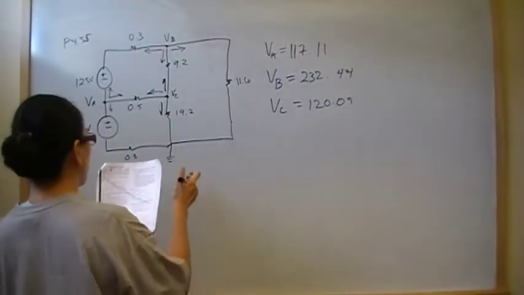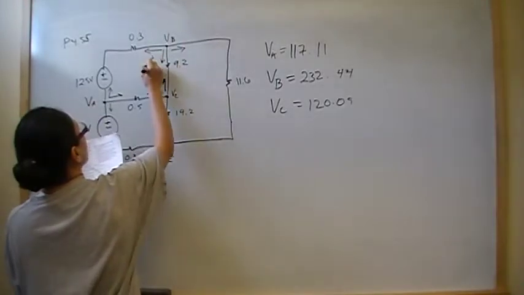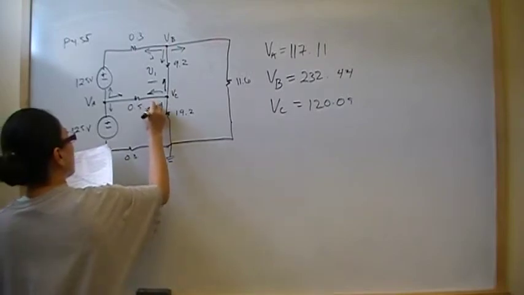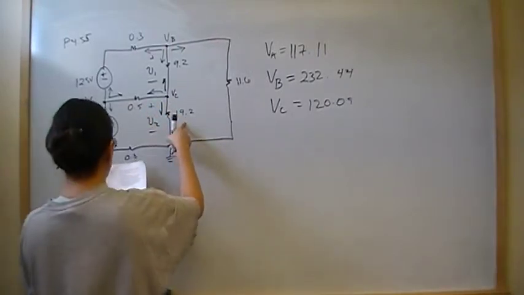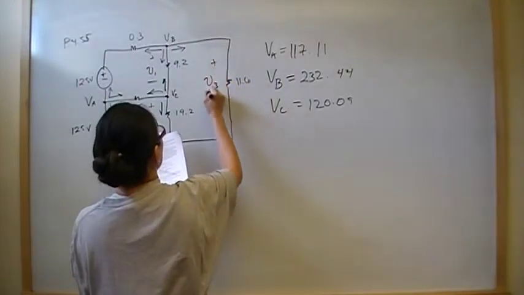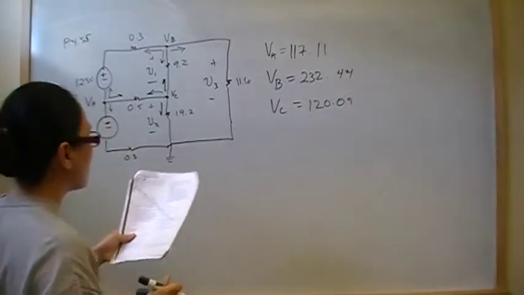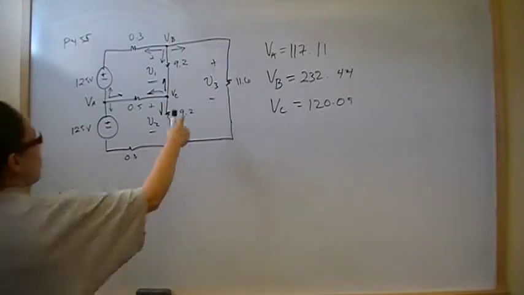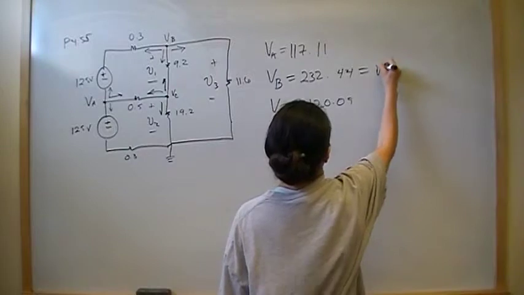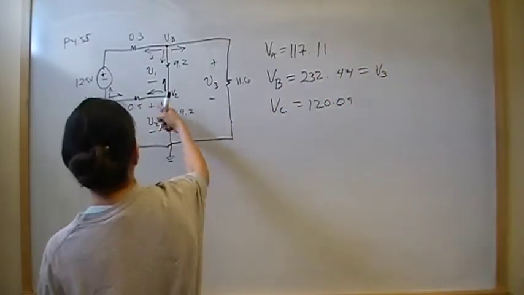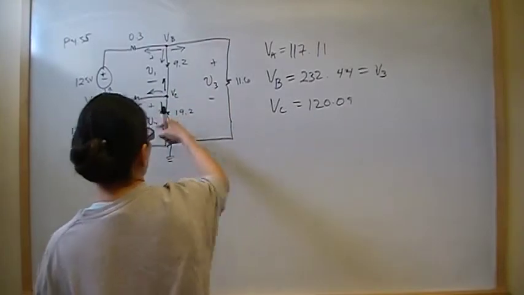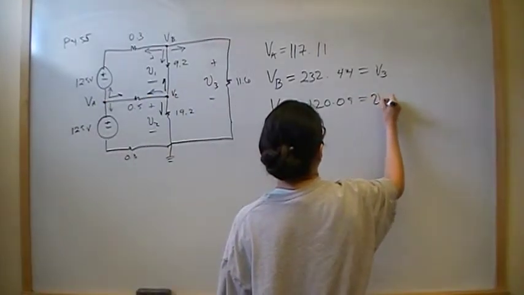We were looking for V1, which is the voltage drop across the 9.2 ohm resistor, V2, which is the voltage drop across the 19.2 ohm resistor, and V3, which is the voltage drop across the 11.6 ohm resistor. Well, V3 is really VB, and VC is really V2, so that's V2 right there.